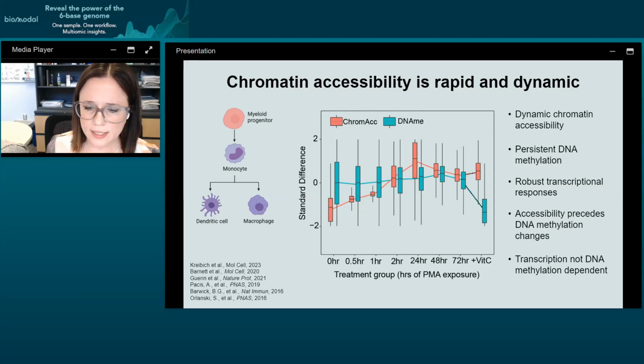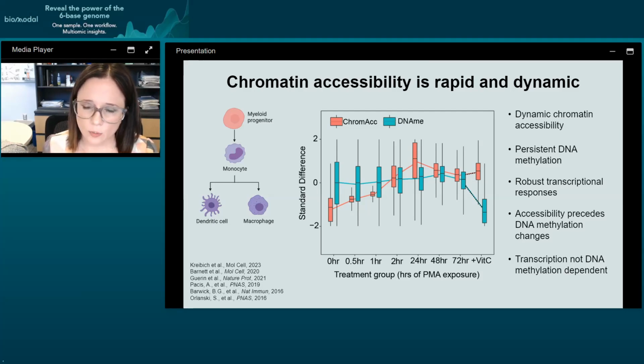So this was surprising because it implies that first, accessibility precedes DNA methylation changes, and also that transcription is not really dependent on DNA methylation changes. So this was breaking the rules of methylation controlling when and where transcription happens.